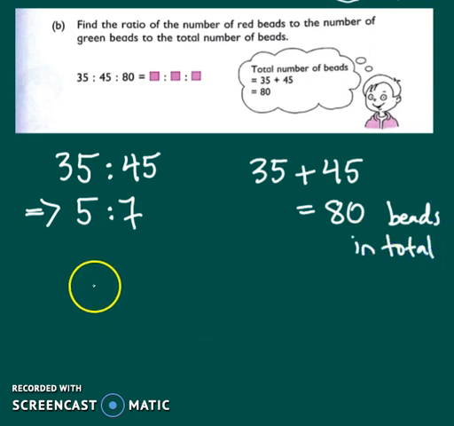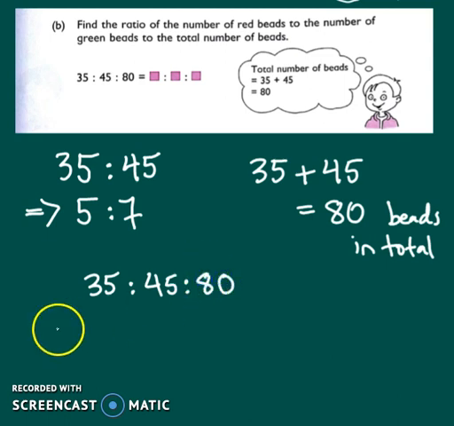And now we have to include that in our ratio. So first we will write 35 to 45, and now we will also write to 80. And 35, as we know, refers to red beads, 45 refers to green beads, and 80 refers to their total number of beads, so the sum of all the beads. Okay, so how do we simplify this? Well, we already know that 35 and 45 are divisible by 5.